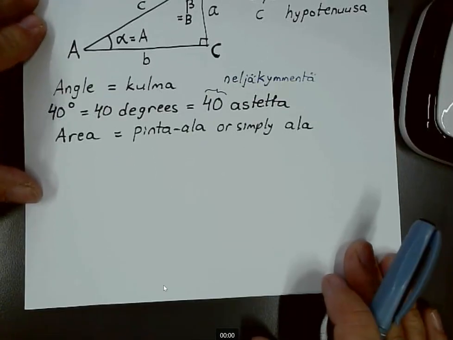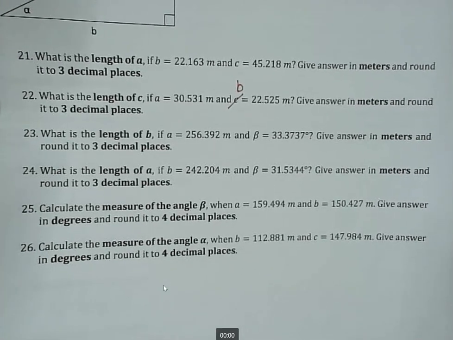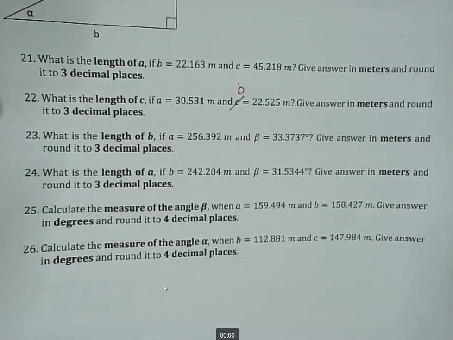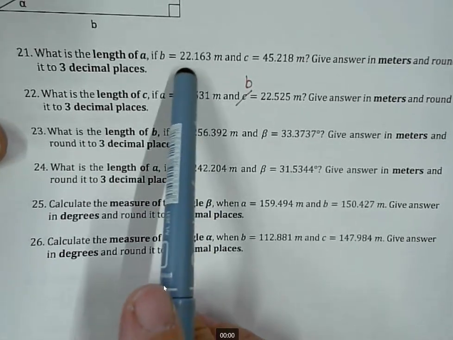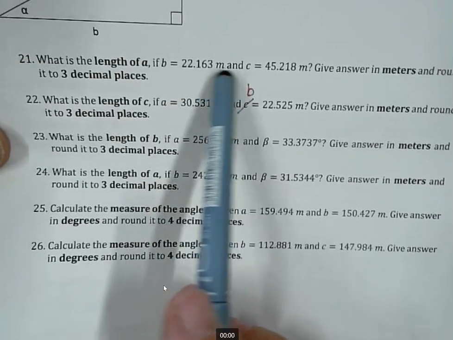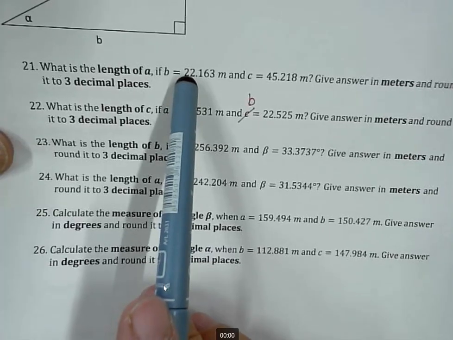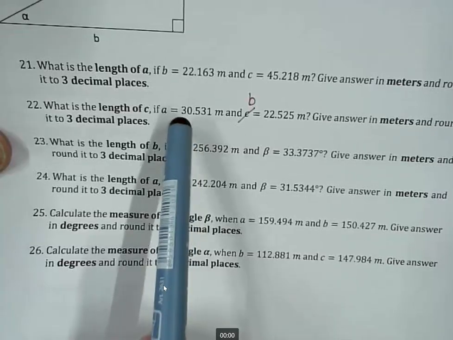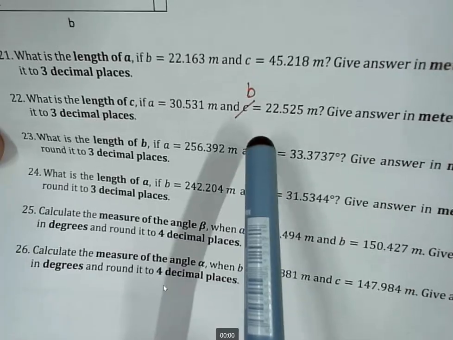Okay, and then the rules here. In these first two problems in this test, we were asked the length of A and the length of C, and the situation there was that we knew the other sides of the triangle. Here we knew B and C, and we needed to calculate the length of A. And here we knew A, and I had a miswriting there first.